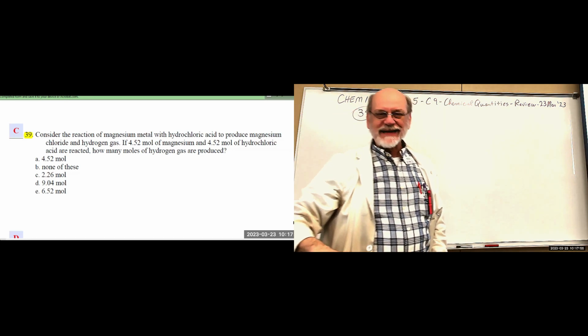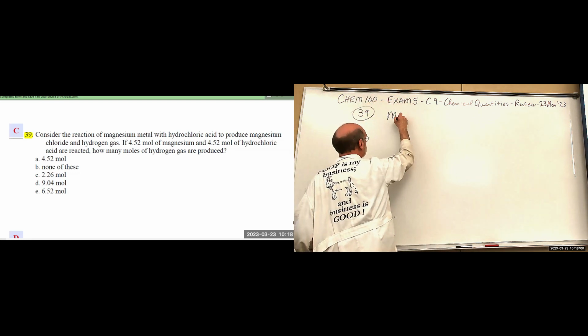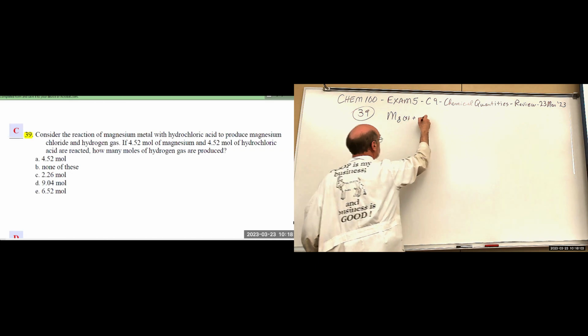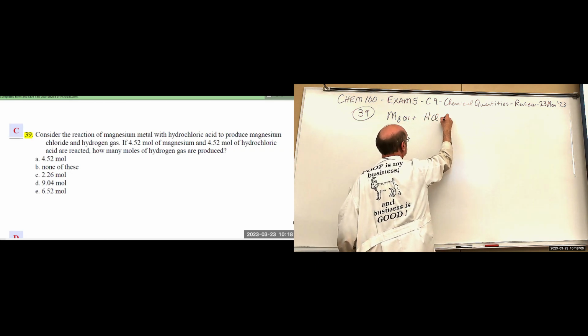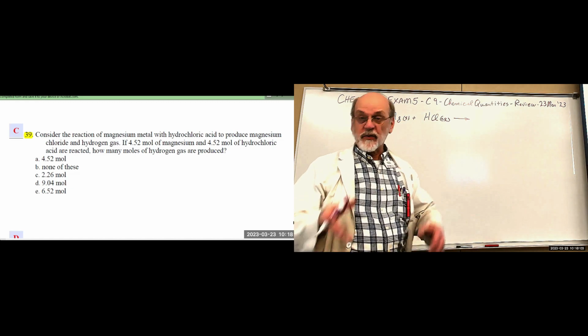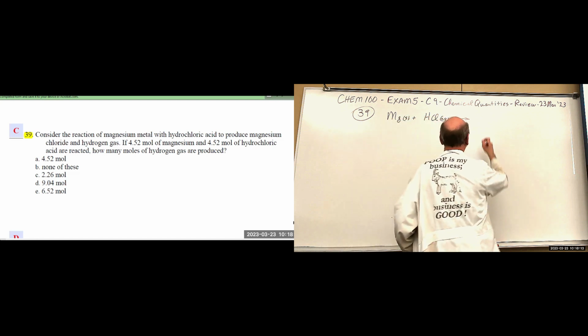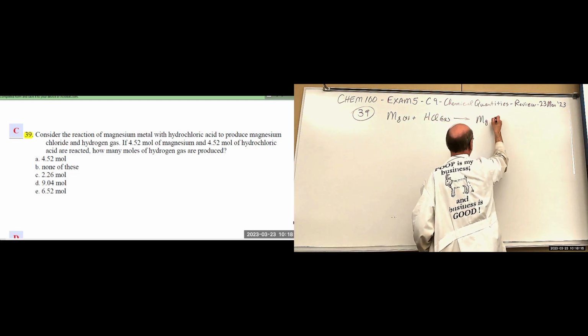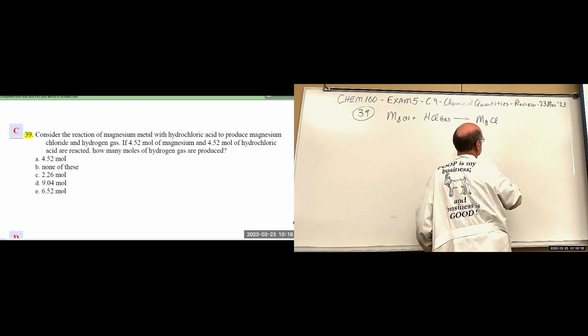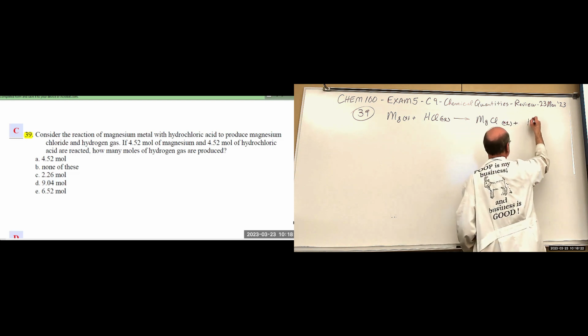Consider the reaction of magnesium metal with hydrochloric acid to yield what? Well, I know what it's going to yield, but the problem tells you also. Magnesium chloride, which is in solution, and hydrogen gas.